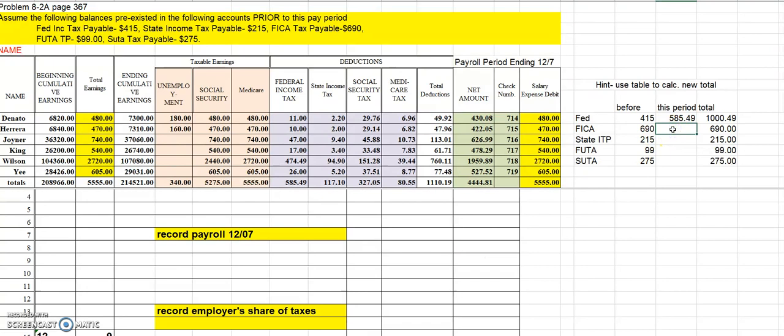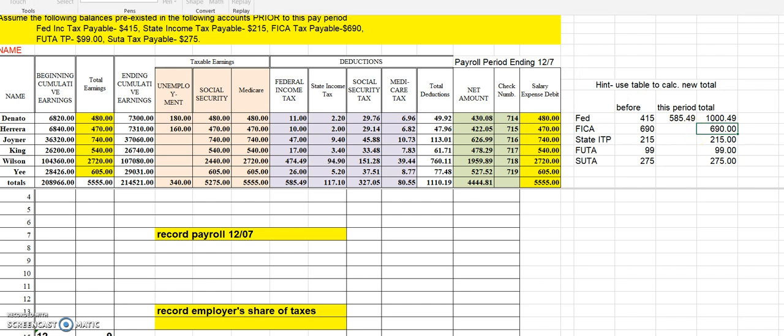So in other words, we have the federal income tax, FICA tax times 2 in this box to get us a total. State income tax, FUTA and SUTA, we will have one more entry for each of these for this pay period, and you would add to them, and then you would put that together.